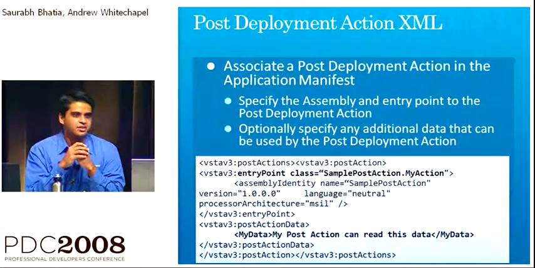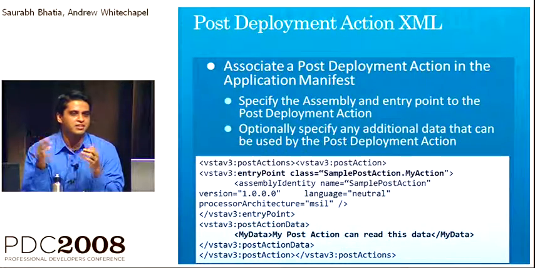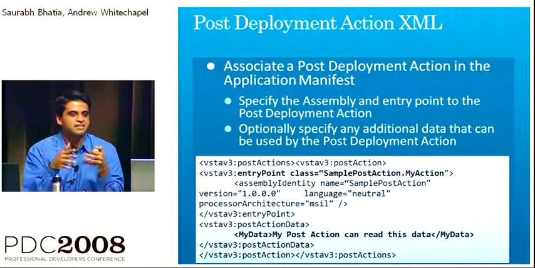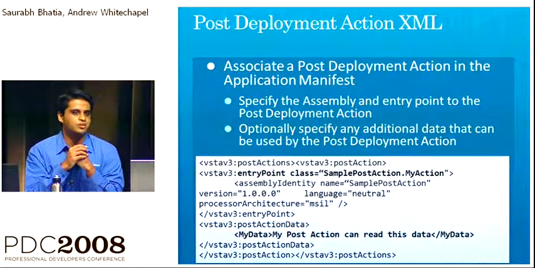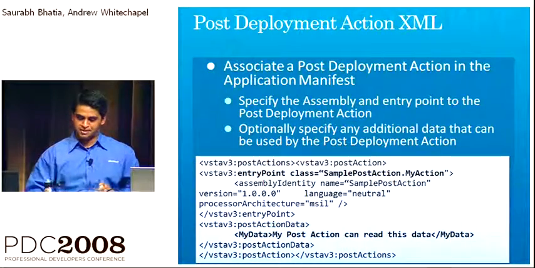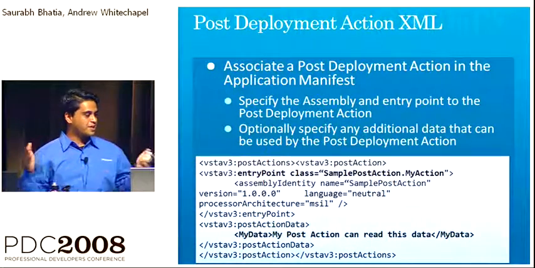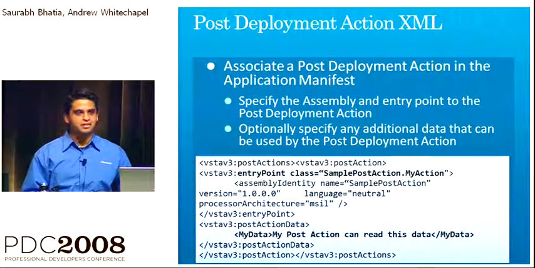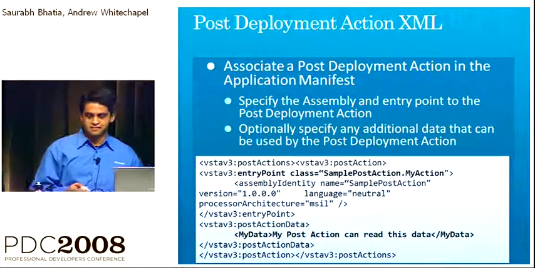So the idea here is that you could have a generic post-deployment action that takes different input data as they are defined in the application manifest. And depending on this input data, you can change what the action would actually do. This was trying to make your post-deployment action more reusable by simply passing it different kinds of data.